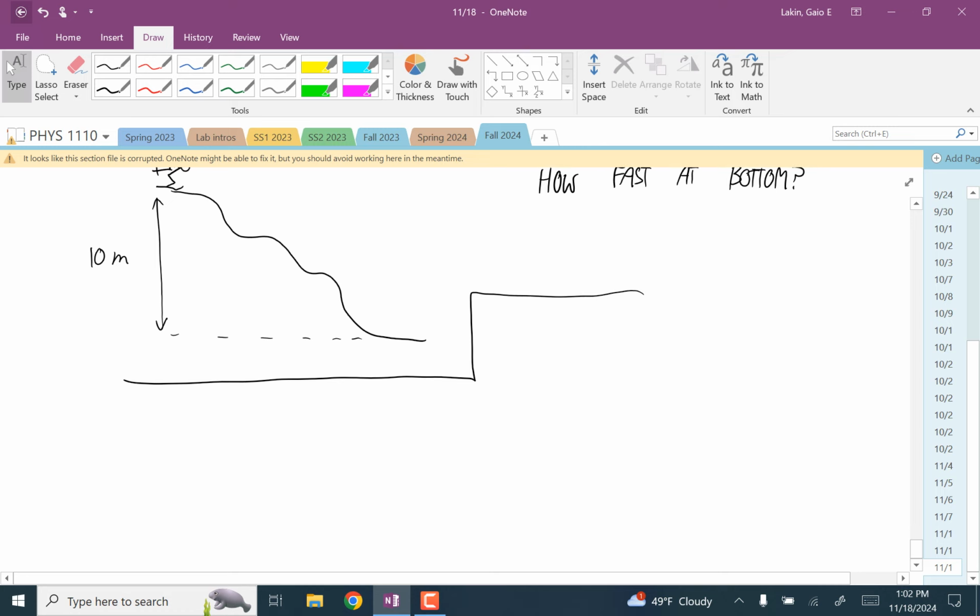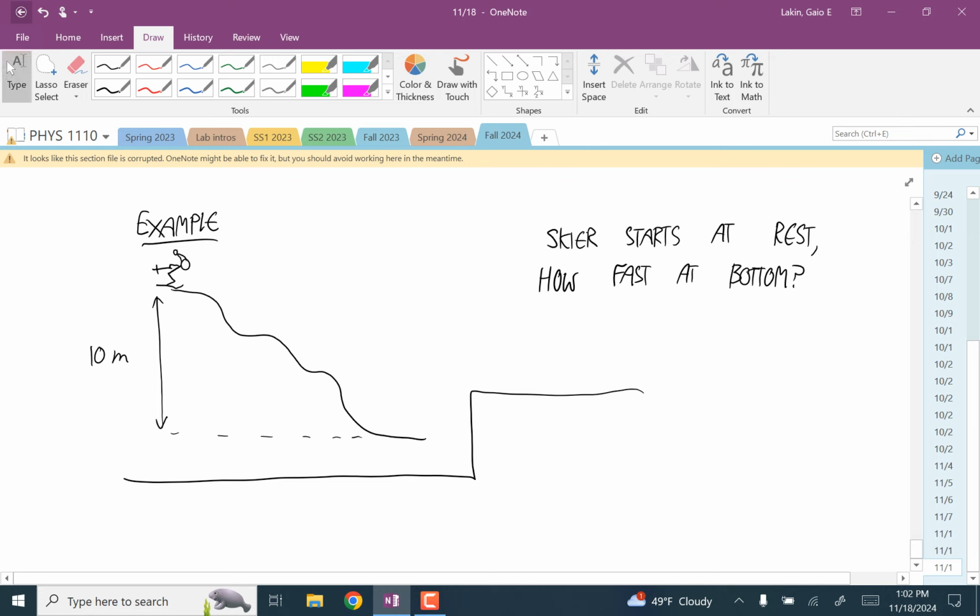Well, first we have to think about how we would know that we wanted to do this with conservation of mechanical energy. One thing is it doesn't give any details on the path. And so that also can be a giveaway for conservation of mechanical energy. I gave this crazy shape of this hill, but I didn't say anything about any mathematical description of it.